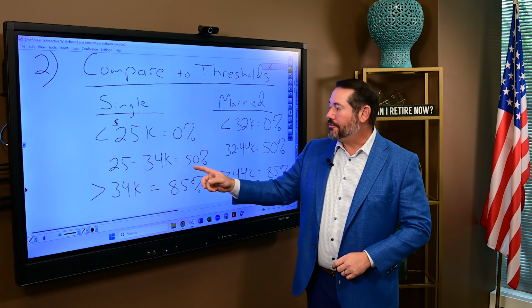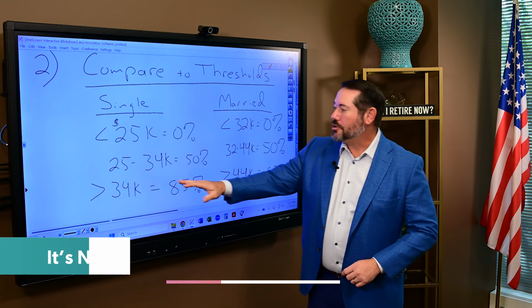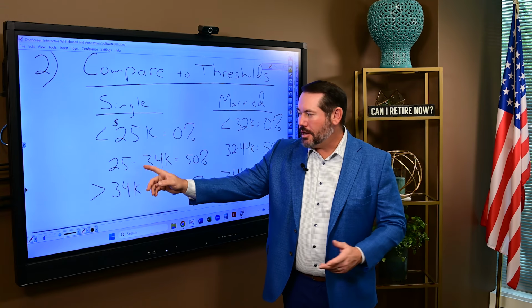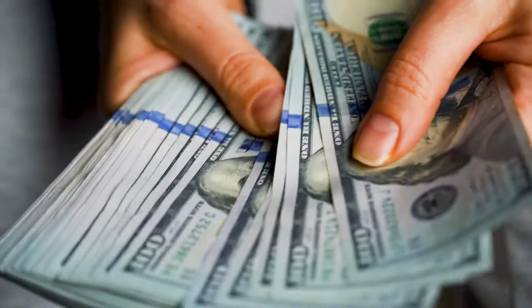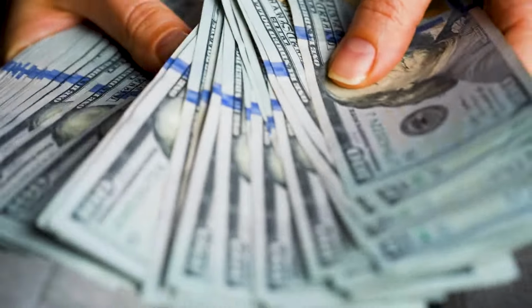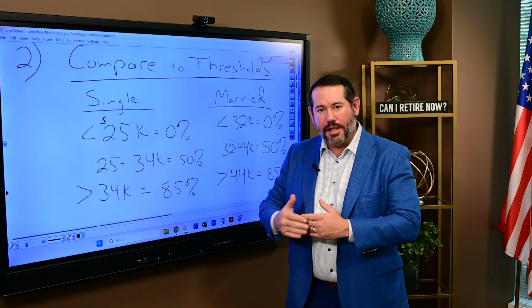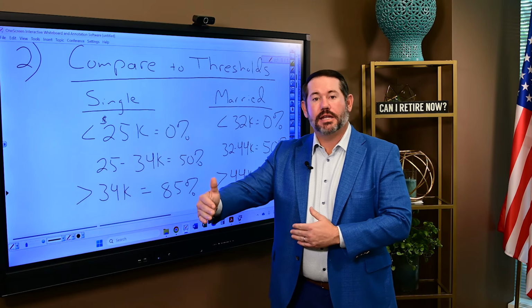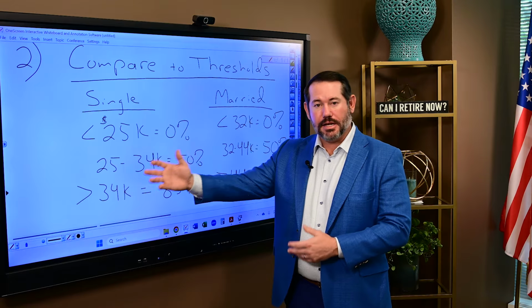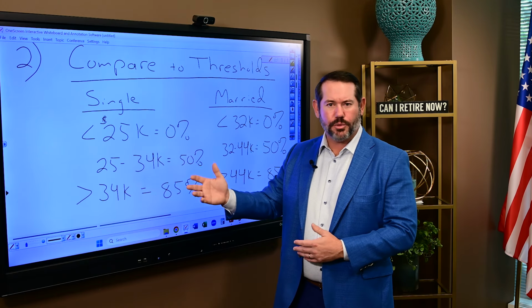Also, it's not a flat 50%, it's up to 50%. If your provisional income comes in at 28,000, it's dragged in gradually, meaning not all 50% of it would be subject to income tax. There's a gradual phasing in of that income to a different percentage. So it might be 45, 43, something like that.